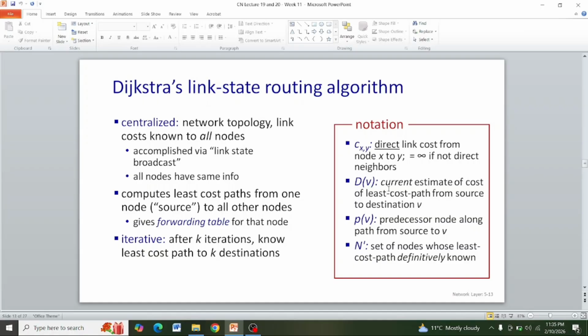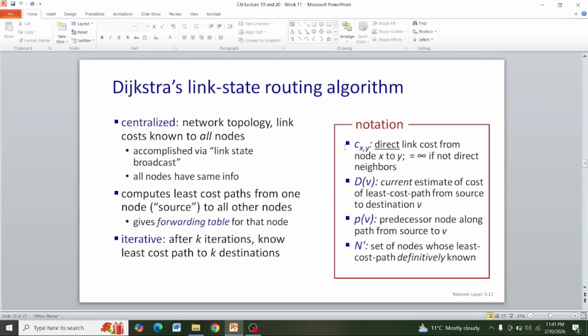D(v) denotes the current estimate of cost of least cost path from source to destination node v, whereas p(v) denotes the predecessor node along the path from source to v. However, N prime defines the set of nodes whose least cost path is definitely known.